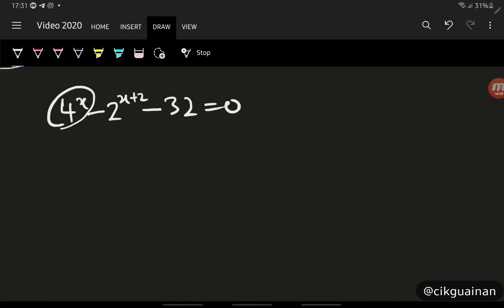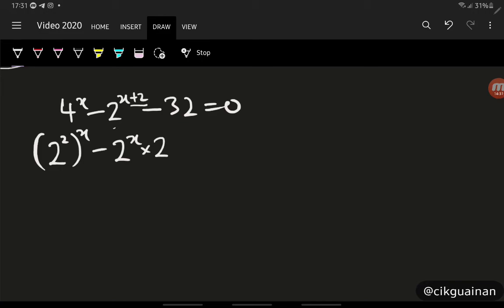This one, because we have plus 2, we have to split them. This one is 2 squared, bracket, 2^x. Plus 2 means we add the power. We add the power means we multiply the base. The base is 2, so we multiply base 2 to the power 2.